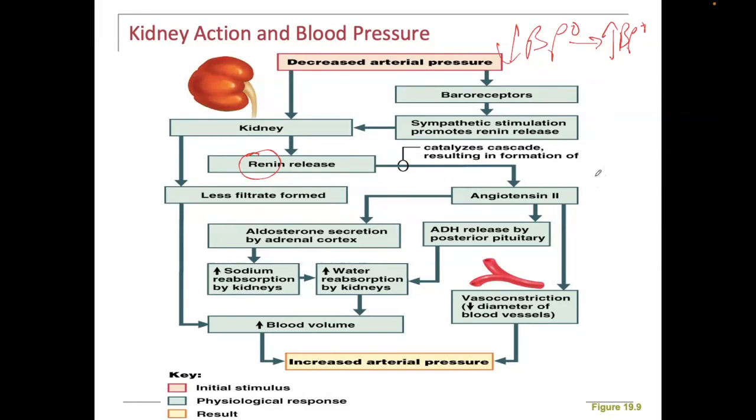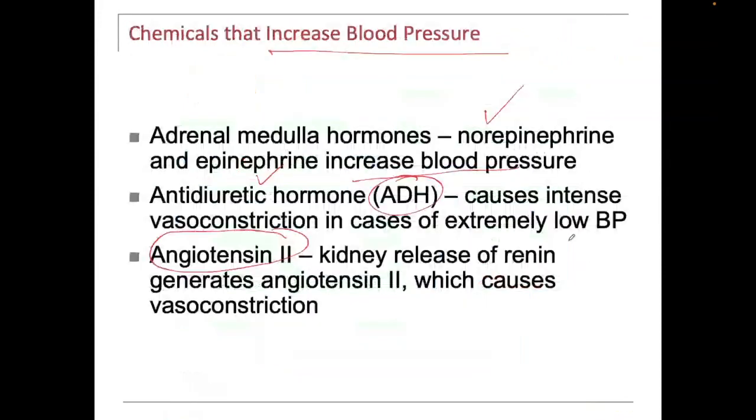Renin goes to something called, let's see if I could draw this for you. Let me go up here for a second. We have the liver that makes angiotensinogen. Now remember, anything that ends in ogen is inactive. So the liver makes angiotensinogen.